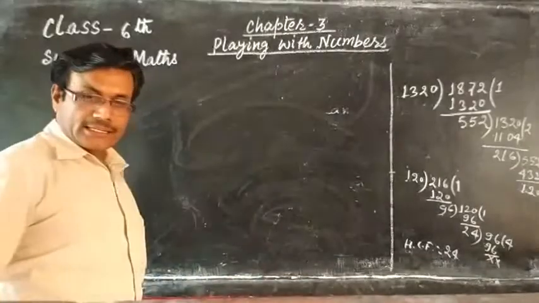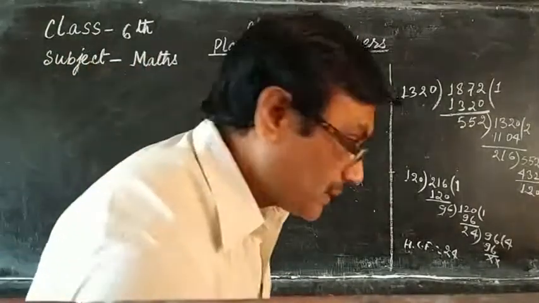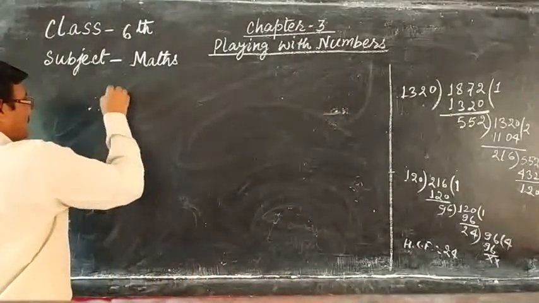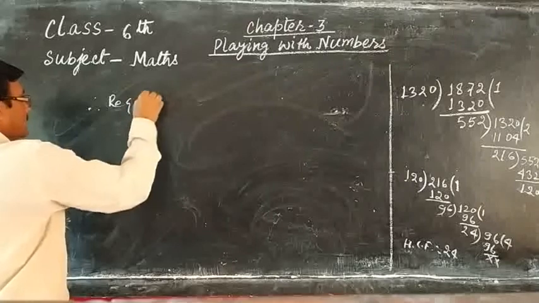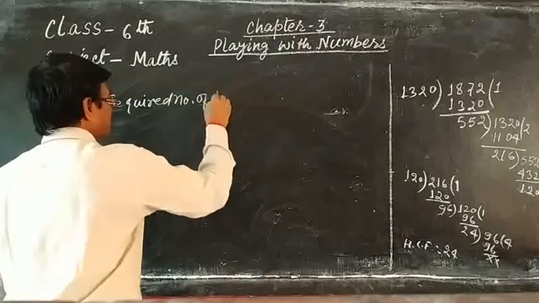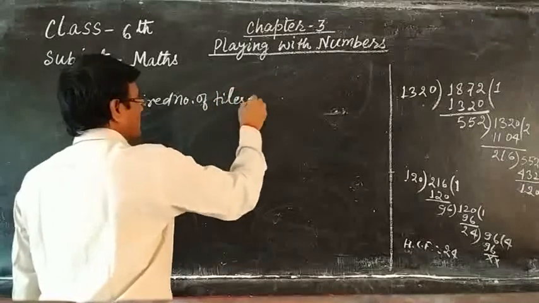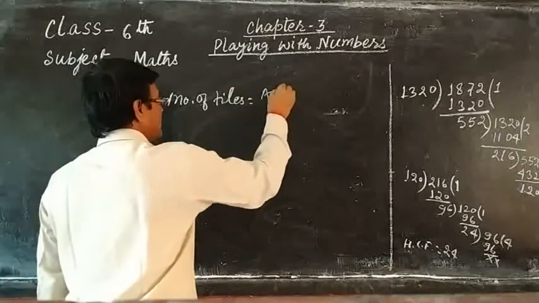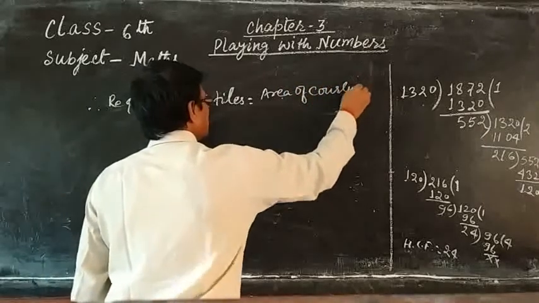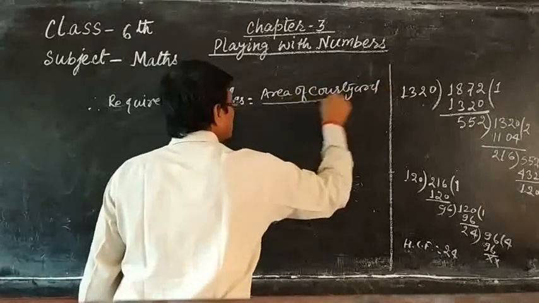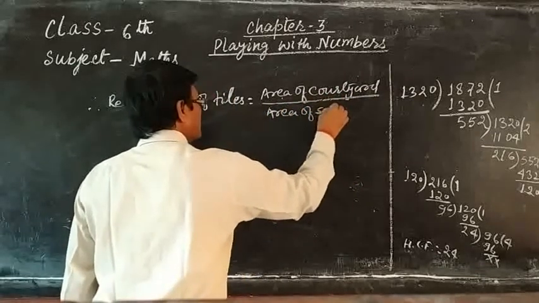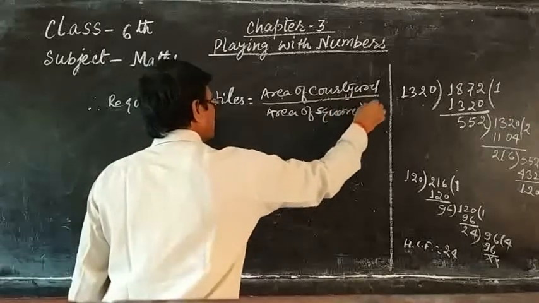Now we get the required number of tiles. Therefore, the required number of tiles is equal to the area of the courtyard over the area of a square tile.